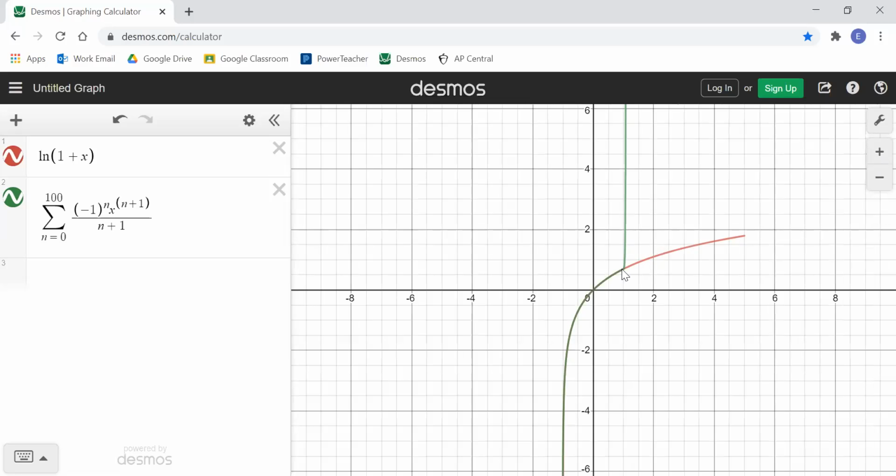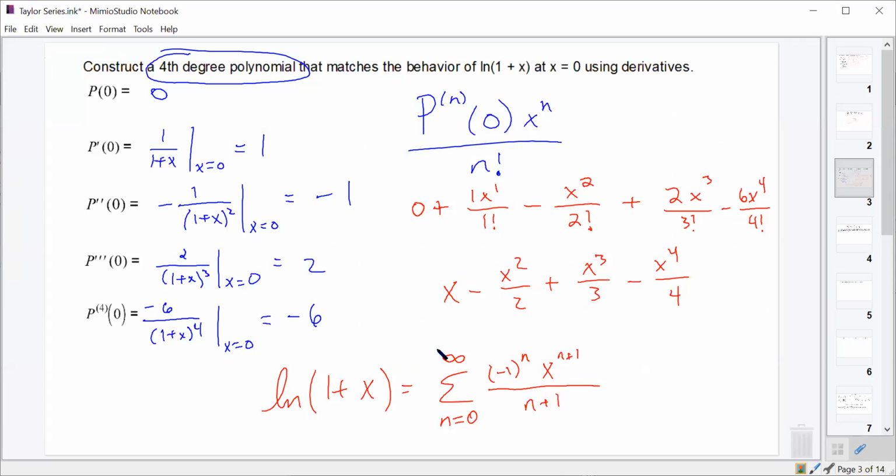And right at 1, it diverges off of here. We could tell that was the case because if we were to look at the common ratio between our terms, what's the common ratio between our terms? Each time it's just this x, right? And so we should be able to note what the interval of convergence is.